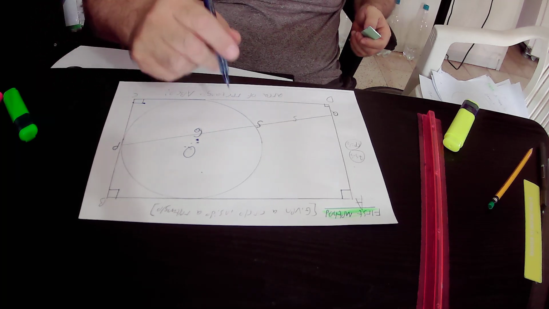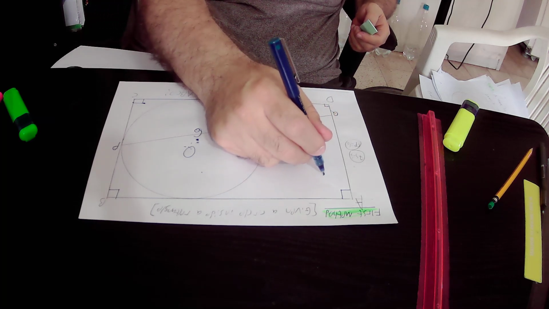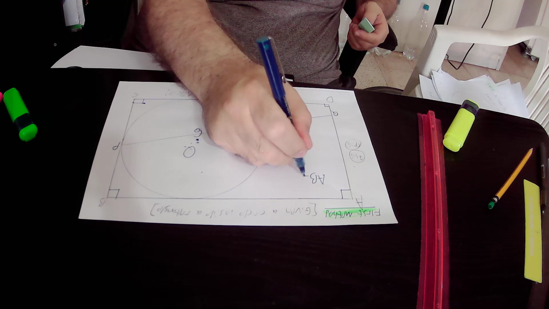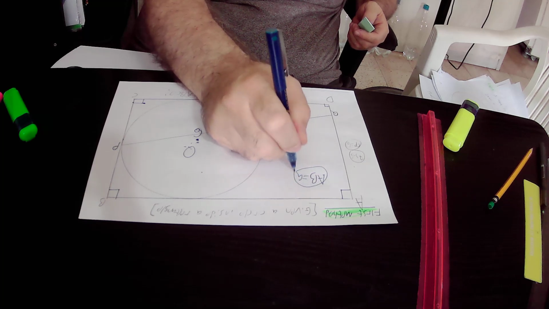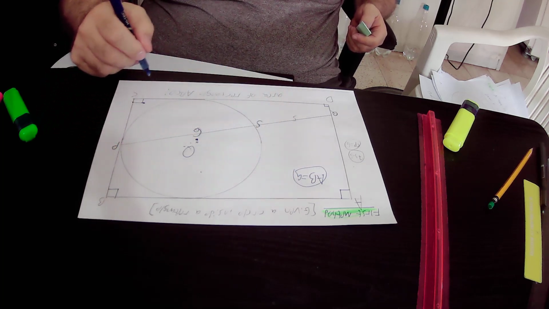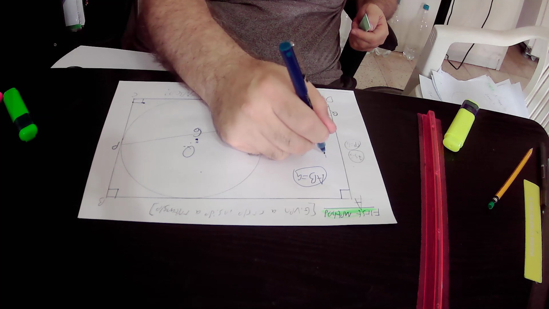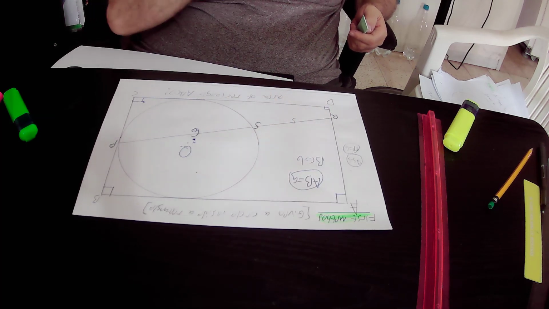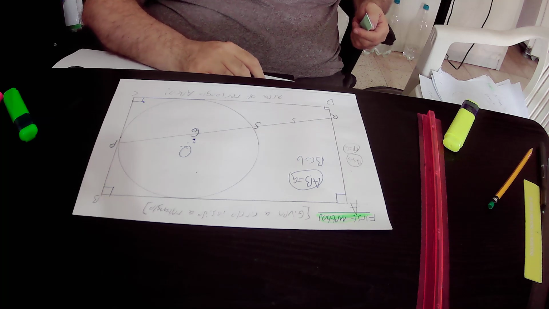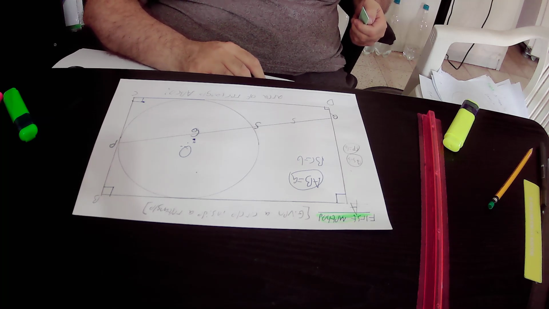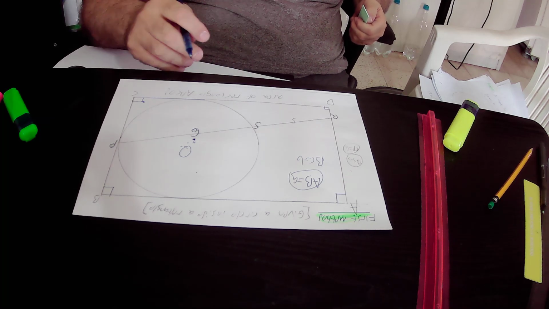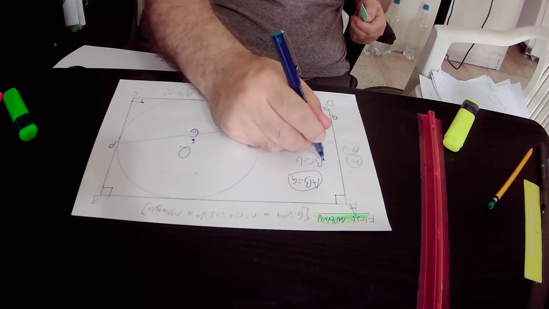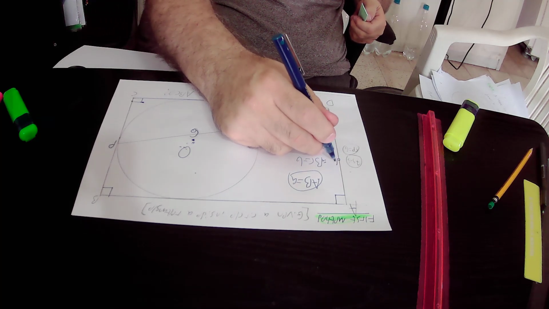We define side AB as A, and we'll define the width BC as B. And here it is very easy to prove that BC is the diameter of the circle.